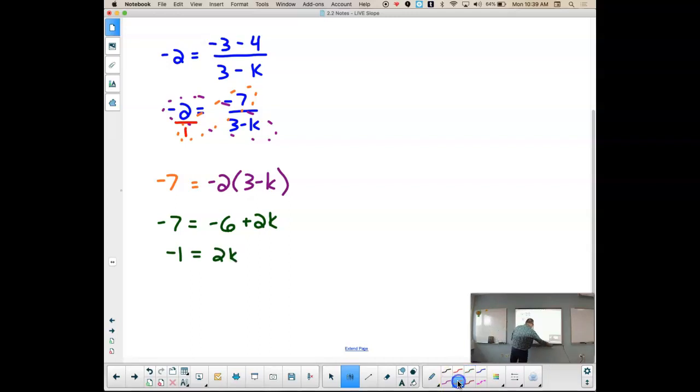Gives me -1 equals 2k. And finally, I can divide both sides by 2. And that would give me k is -1/2.